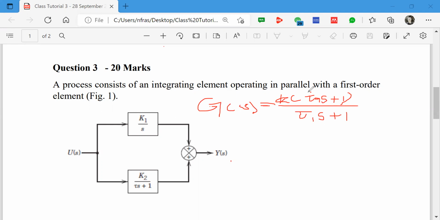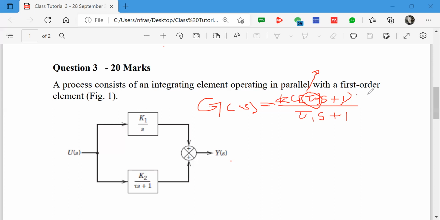The reason you've got tau A there is because it can consist of both K1 and K2. That's why it's not tau 1 or tau 2, but just tau A, because it can consist of different variables on the inside. But as long as you've got that tau A there and the s plus 1 and the K on the outside, all divided by tau 1 s plus 1, that will be the form that we are looking for.